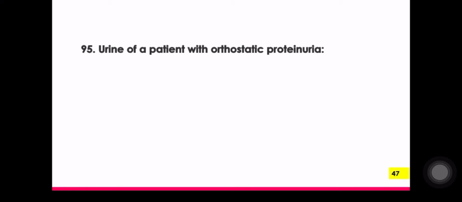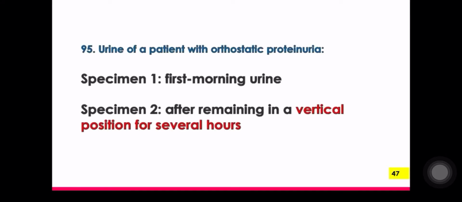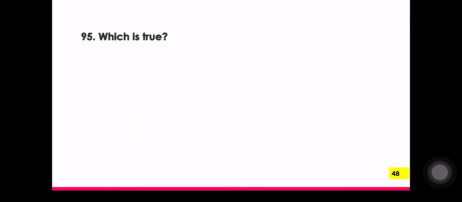Next, for number 95, urine of a patient with orthostatic proteinuria. Okay, ano ping answer natin? Specimen 1, by the way, is for first morning urine, specimen 2 after remaining in a vertical position for several hours. Okay, by the way, ang question po pala, sorry, which is true.